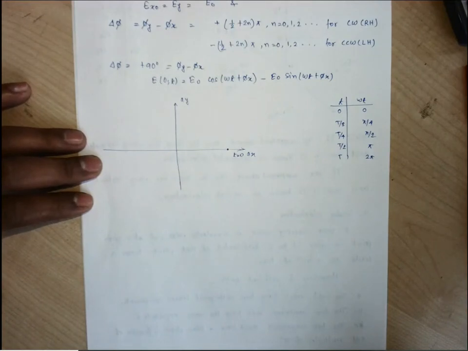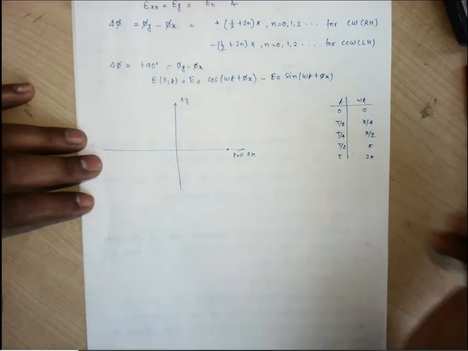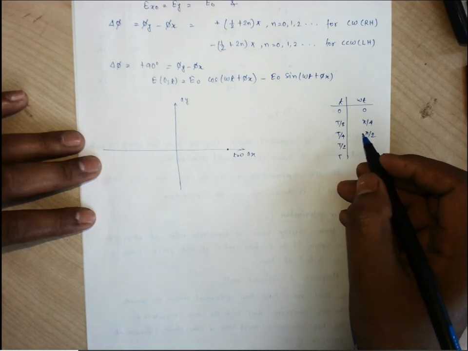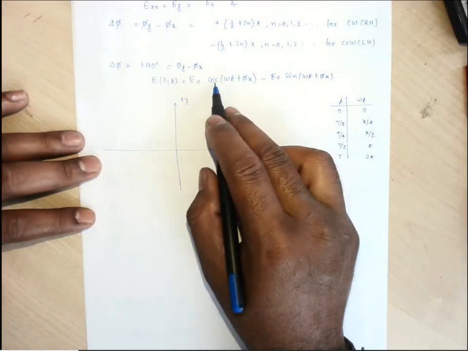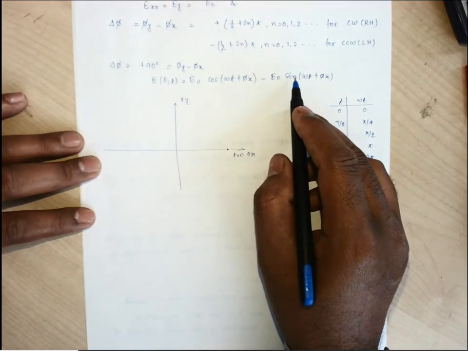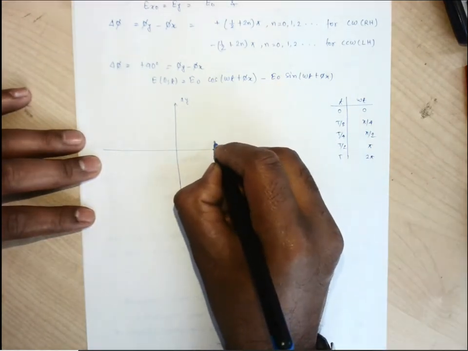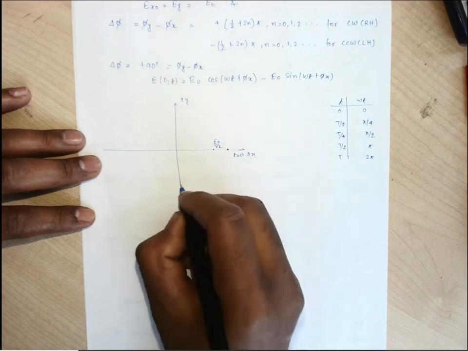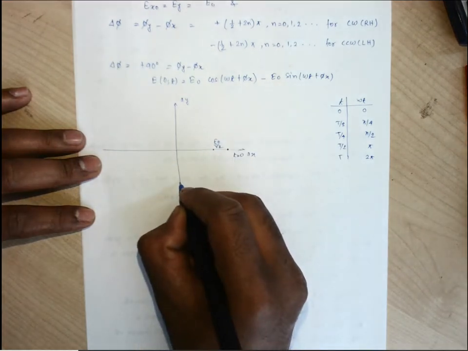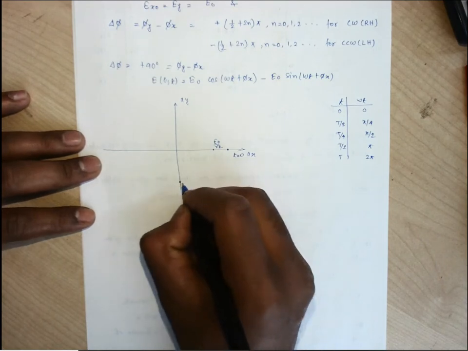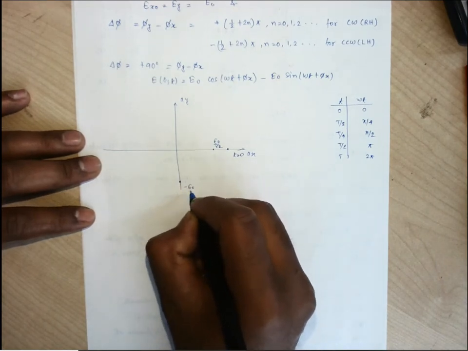Next, if you take T by 8, that is pi by 4, that is E0 by root 2, and this is also minus E0 by root 2. So let us take this point, it is E0 by root 2, and this point somewhere here will be minus E0 by root 2.